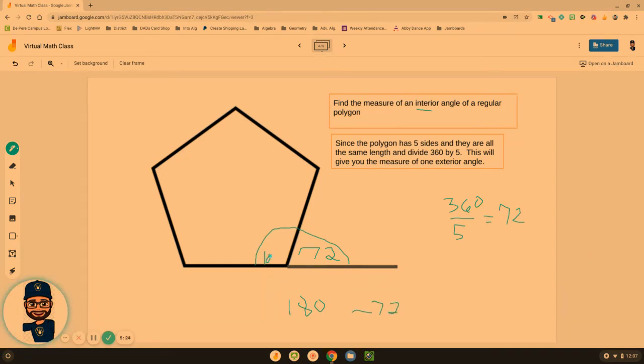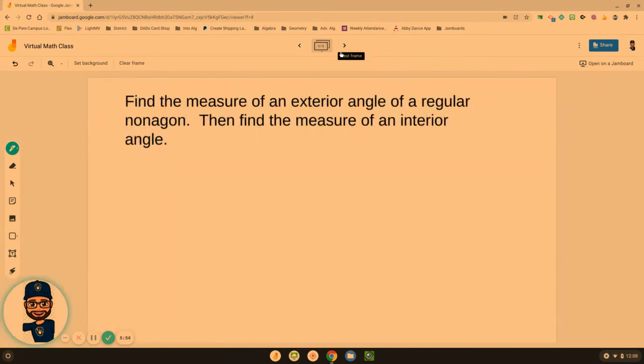This interior angle would have to be 108, which means all of them would have to be 108 because it is a regular pentagon. 108, 108, all the way around. So hopefully you can see that by taking the number of sides, as long as we know that it's regular, take 360 divided by the number of sides to get the exterior angle, and then use that to find the interior. Now, I want you to try it on this one.